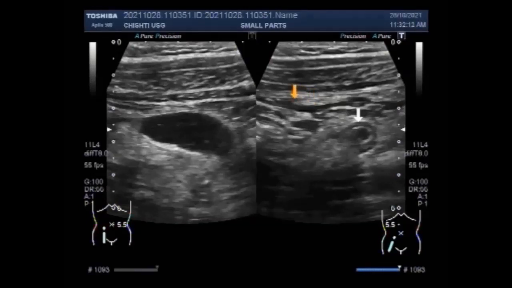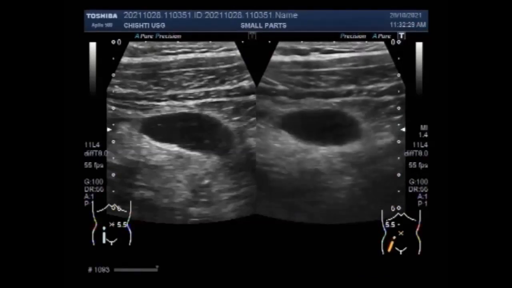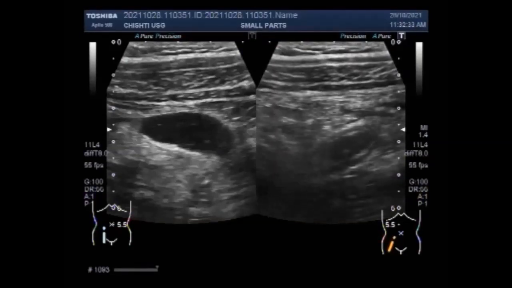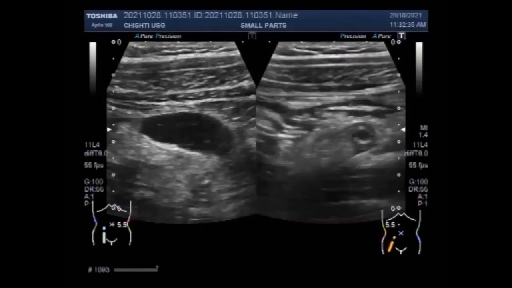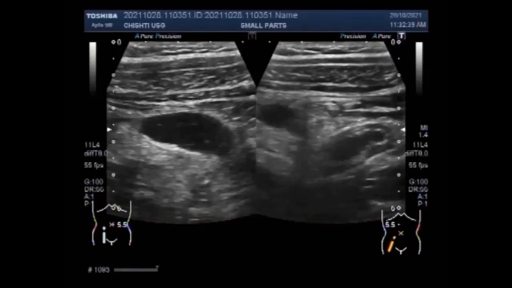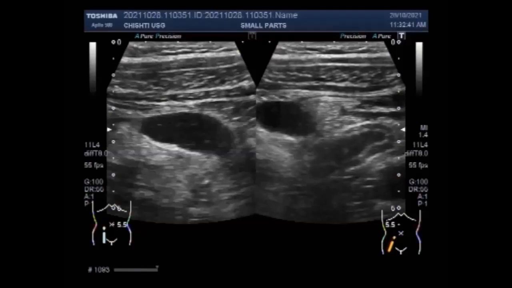By applying some pressure with the probe, you can see this structure is not compressible. It doesn't collapse. A significant mucus and debris are seen in the interior, and a small fecalith is also visible. You may find the fecalith in some cases and not in all the cases.